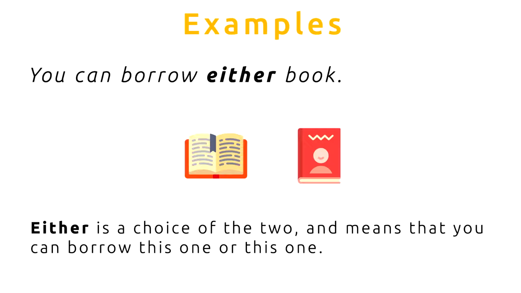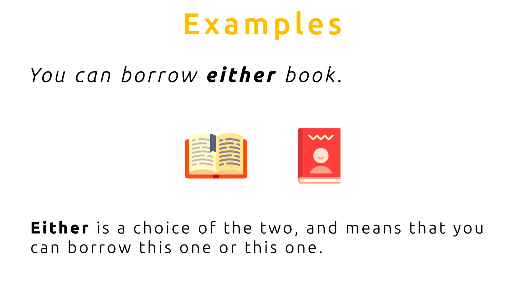Now, let's look at either in more detail. You can borrow either book. Either is a choice of the two and means that you can borrow this one or this one.